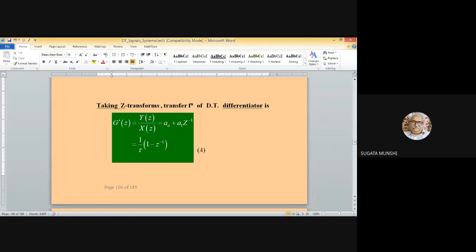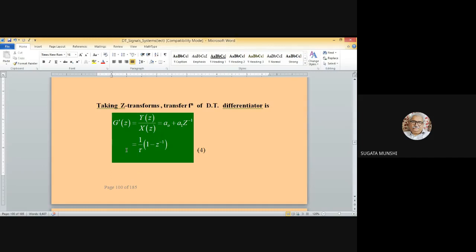We call it the z transfer function of the differentiator. All right. It's 1 by tau into 1 minus z to the power minus 1. As you have the transfer function in the Laplace domain for continuous time systems, you also have the transfer function in the Z domain for discrete time LTI systems.